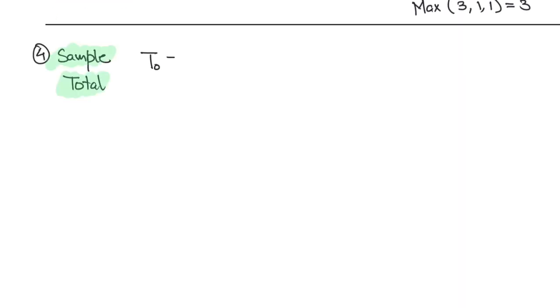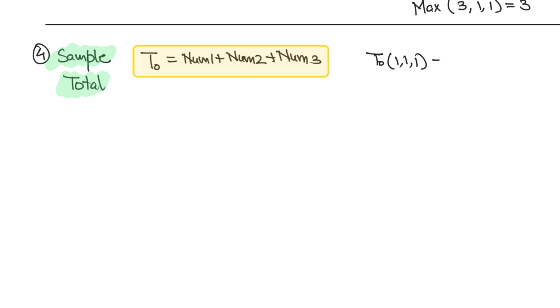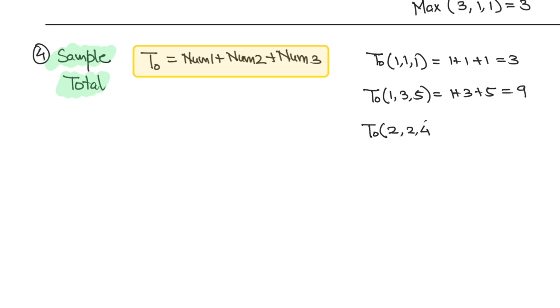Another statistic of interest is the sample total, which is the sum of the 3 numbers inside our sample, num1 plus num2 plus num3. And we can see that T0 applied to 1, 1, 1 gives us 3, T0 applied to 1, 3, 5 gives us 9, T0 applied to 2, 2, 4 gives us 8, and T0 applied to 3, 1, 2 gives us 3 plus 1 plus 2 equals 6.